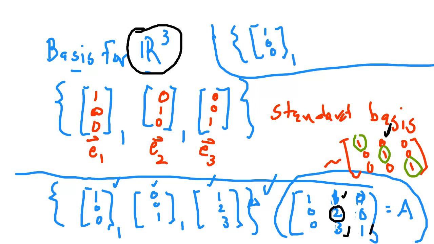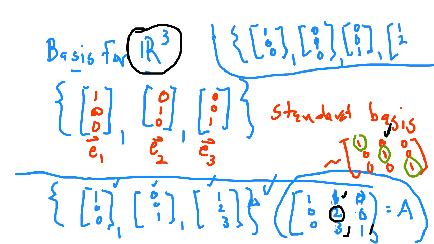See, I like to think of easy examples. 1, 0, 0, 0, 1, 0, 0, 0, 1, and then you have the vector 1, 2, 3. Okay, is this here a basis anymore?